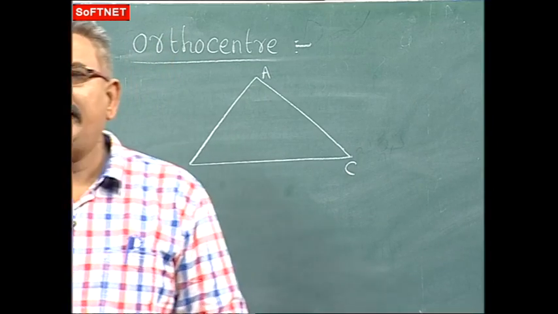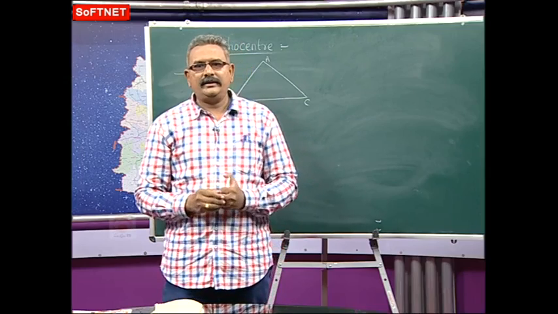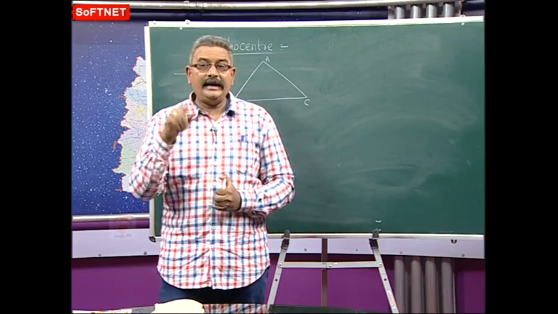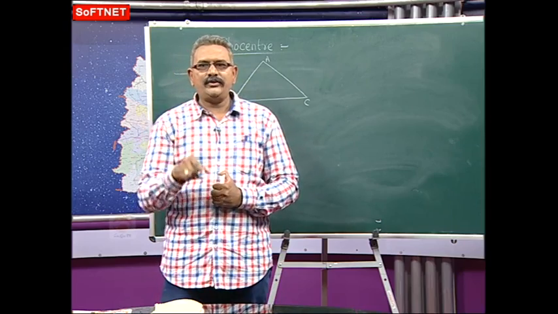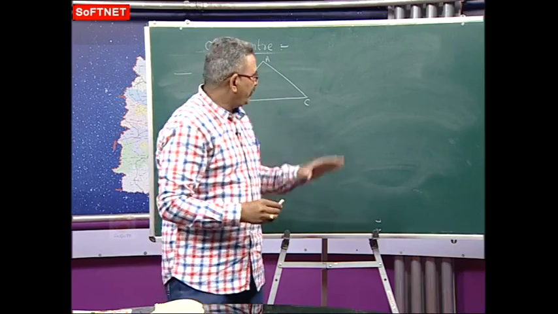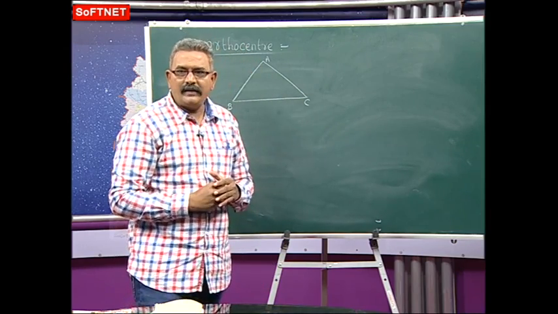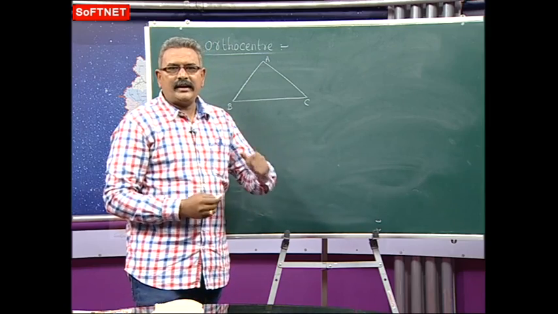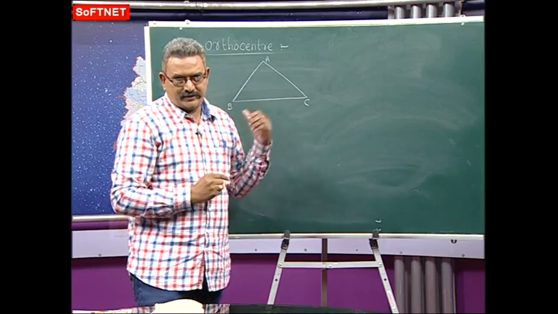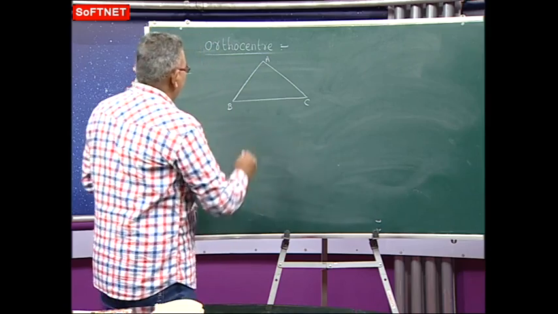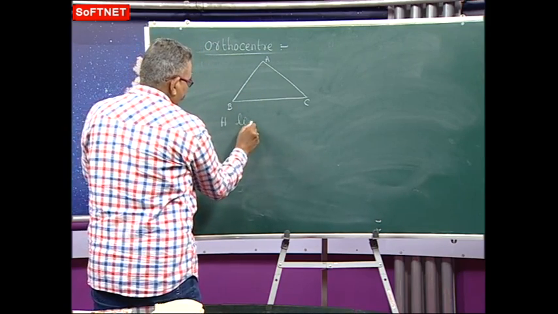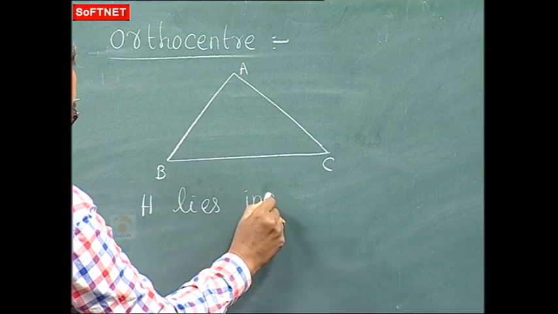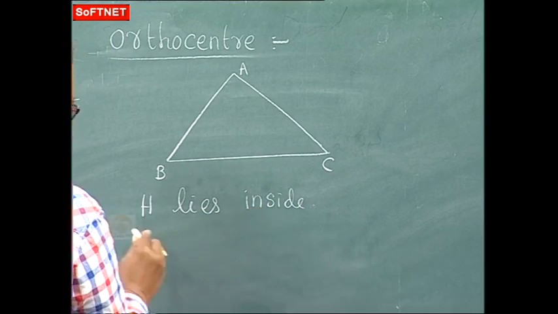Yes, it is an acute angled triangle. In an acute angled triangle, the orthocenter always lies inside it. So that means orthocenter H lies inside. So this is the observation.